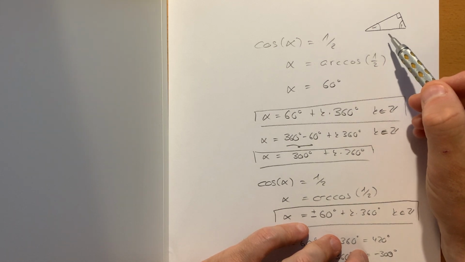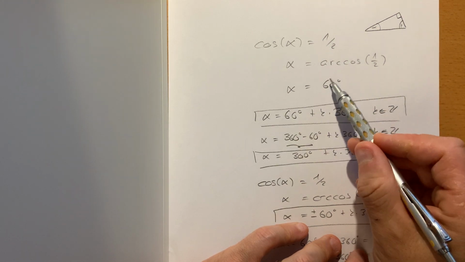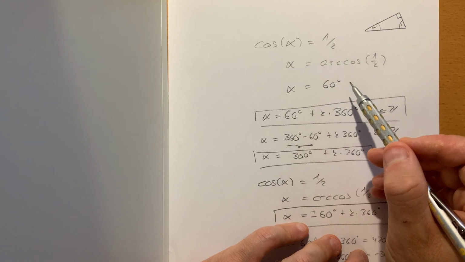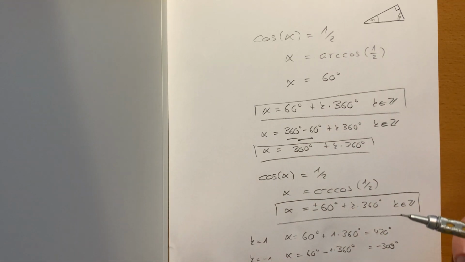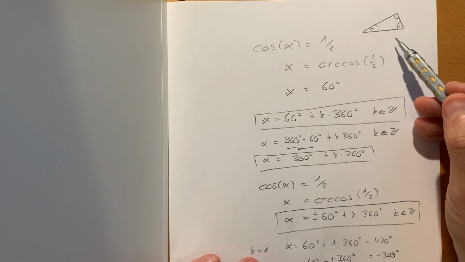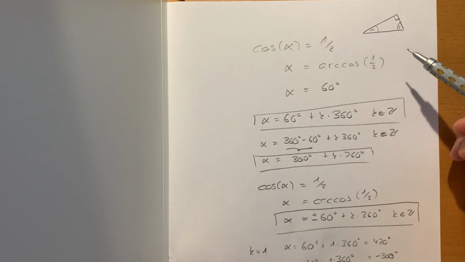So it's because of the sum of the interior angles that the result we get from our calculator was always the right one.